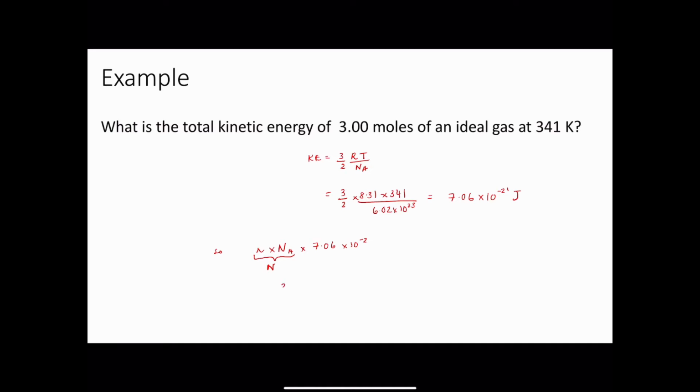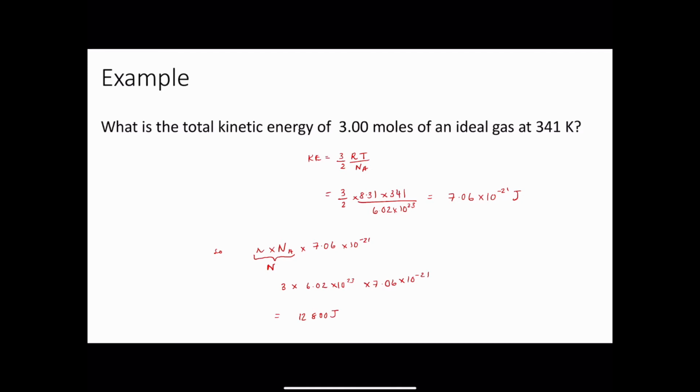We're going to do 3 times 6.02 times 10 to the 23 times 7.06 times 10 to the minus 21, and we'll end up with 12,800 joules of energy in total for 3 moles of an ideal gas.